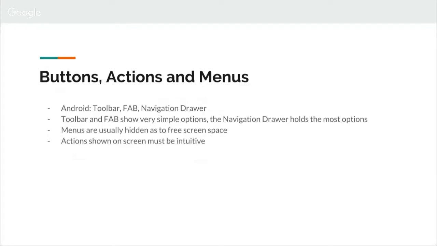The actions shown here must be really clear. You must know what you're doing when you click the button. Like you see on Gmail, you see the little icon, and you know that button is used to write a new email. That's why most of them use icons.